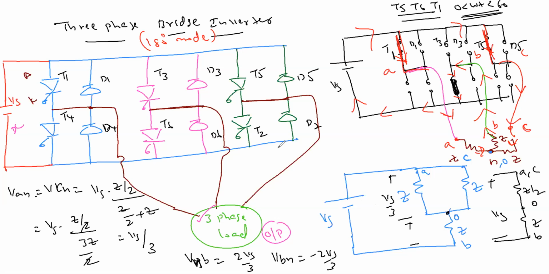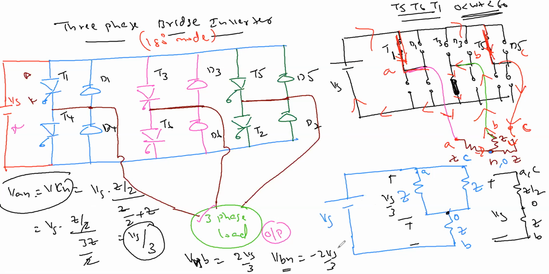Did you understand this point, please? I want to draw the A phase, B phase, C phase waveform. In 0 to 60, VAN and VCN are equal, of magnitude Vs by 3. VBN has a magnitude of minus 2 Vs by 3. ये बात समझ में आ गई आप लोगों को, please? हाँ सर.